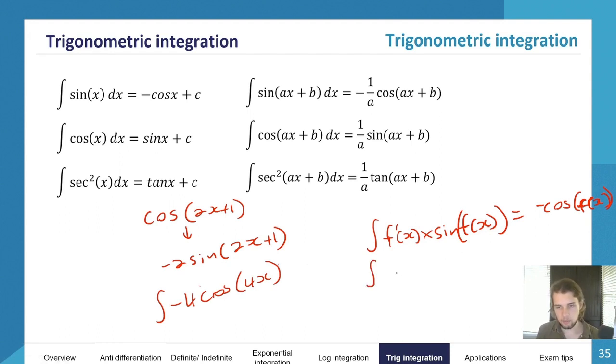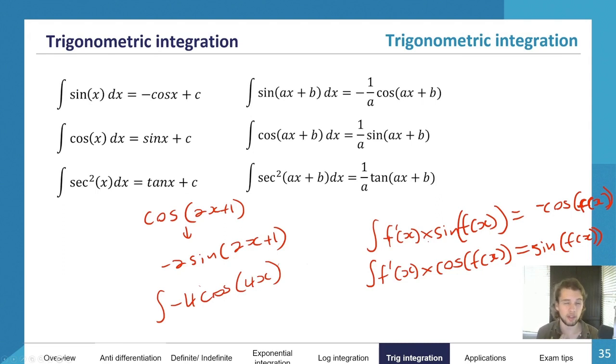And similarly, if we were looking at the integral of the differential of f(x) multiplied by cos f(x), we would see it would become sine, no negative here, f(x). So that's our more generalized formula where we use f(x).